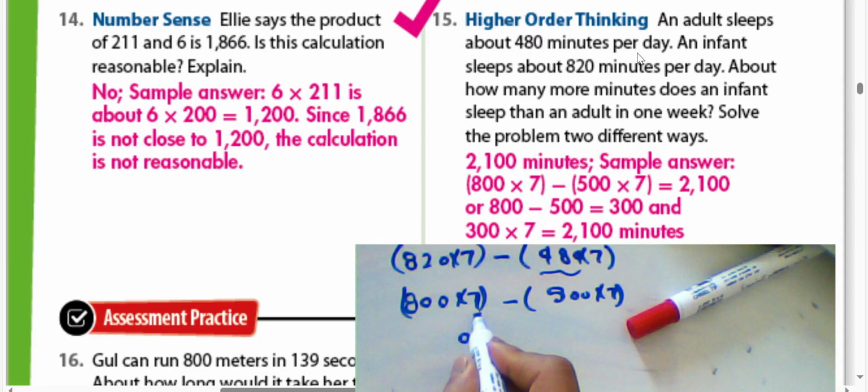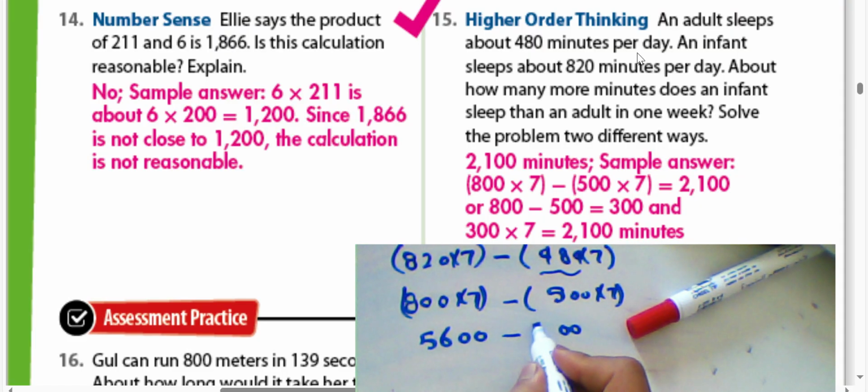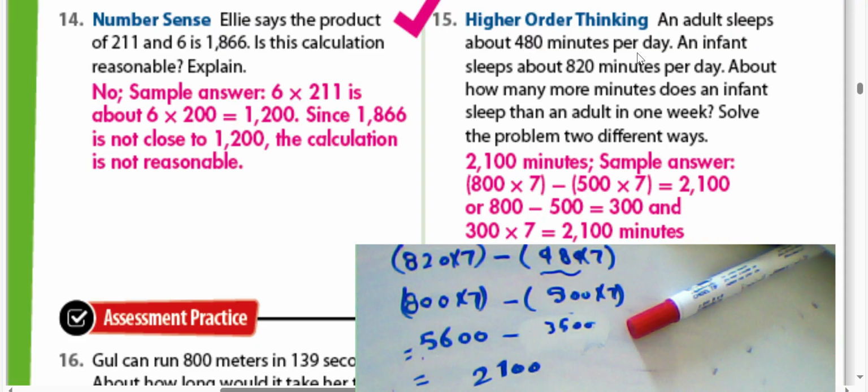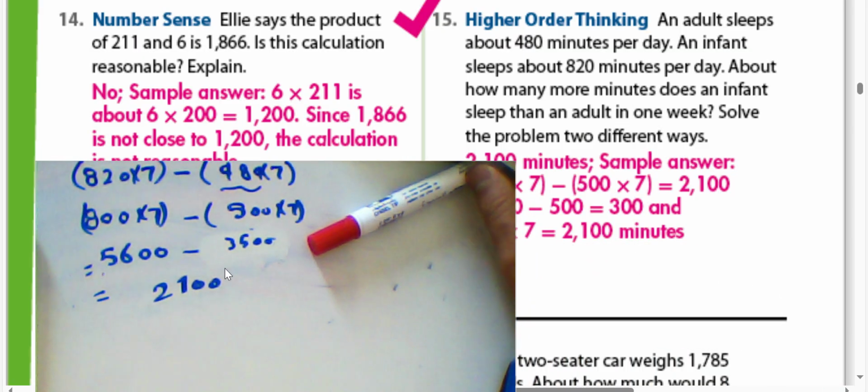We can write double 0, and 8 times 7 equals 56. Subtract, write double 0, and 5 times 7 equals 35. Okay, write double 0 behind it. Then we can find the difference between the two numbers. 6 minus 5 equals 1, 5 minus 3 equals 2. Then the difference between them equals 2100. Okay, understood?